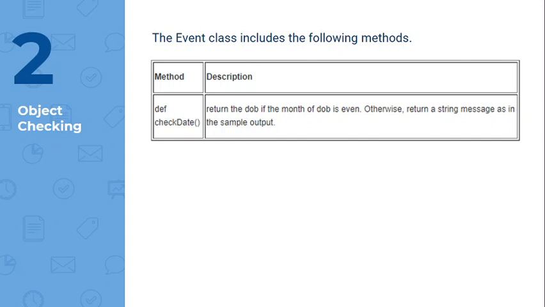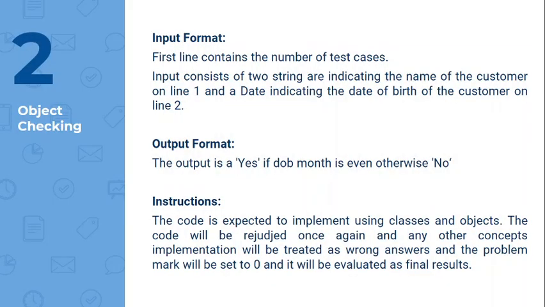Now let us check the input format. The first line contains, as usual, the number of test cases, and input consists of two strings including the name of the customer in line 1 and the date of birth of the customer in line 2.